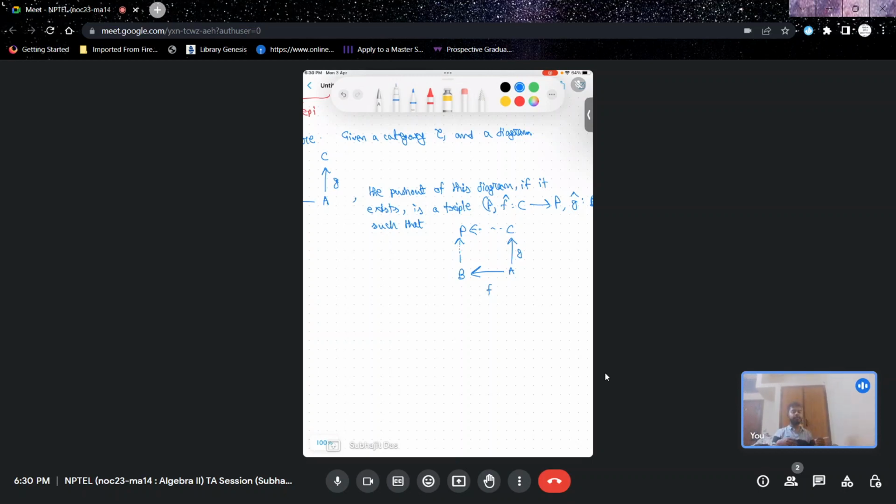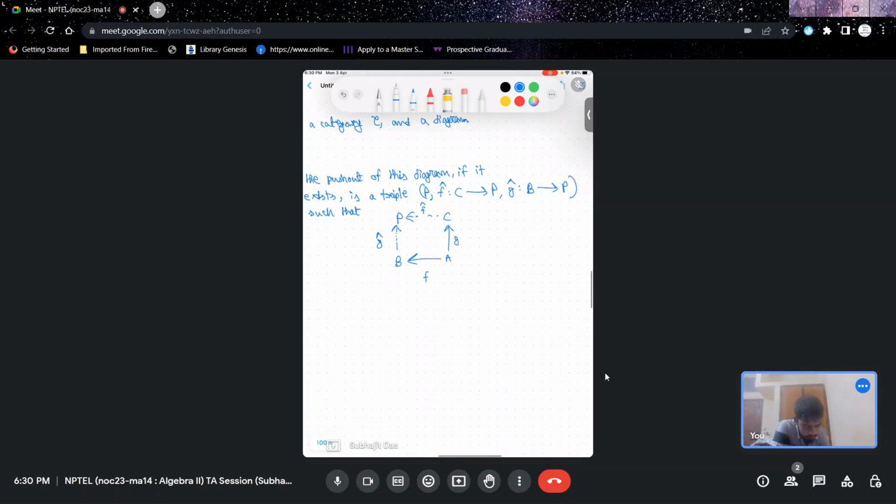Dotted arrow of B into P and a dotted arrow of C into P. So this is f hat and this is g hat, right? Such that this square commutes.